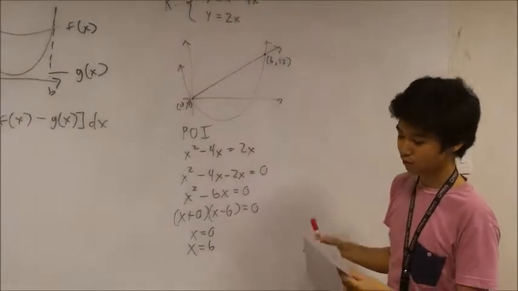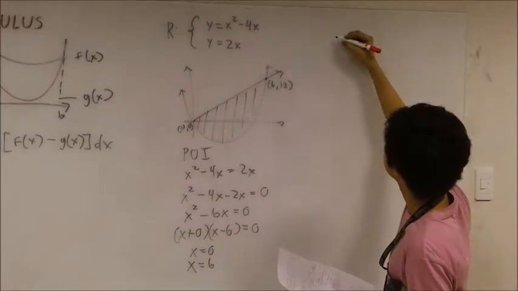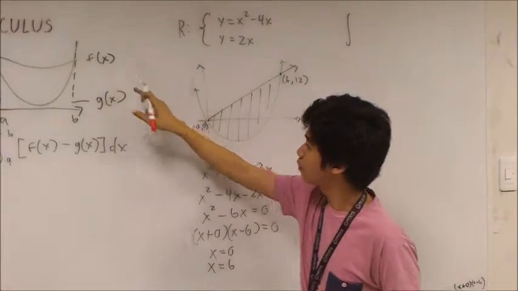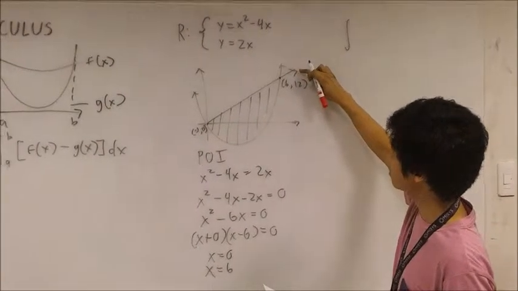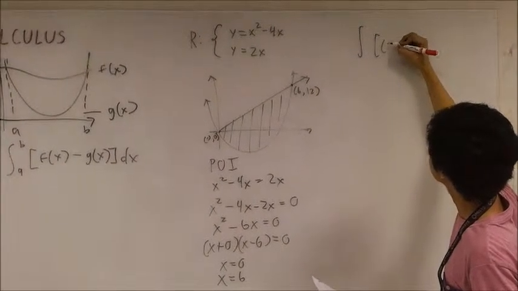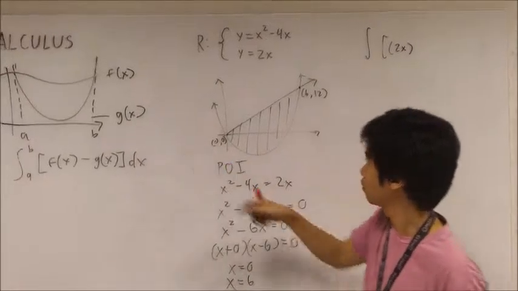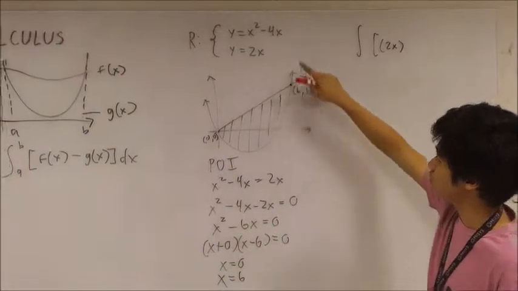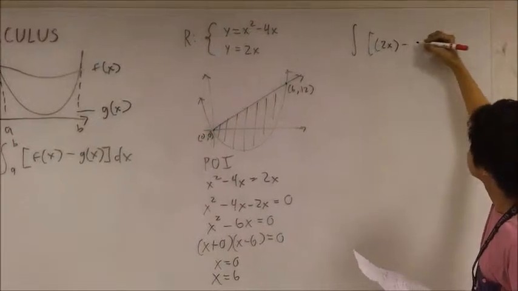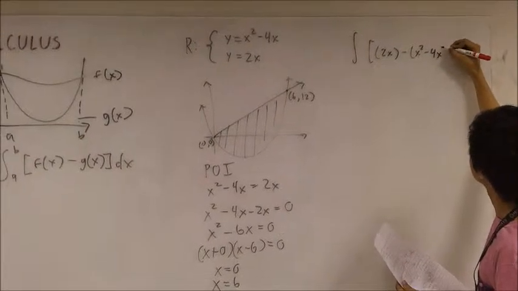So now we know the points of intersection. To look for the area bounded by two curves, we use the integral of the top curve. In this case, this is y equals 2x. So we have 2x here. And it says minus the lower curve. And in this case, we're using x squared minus 4x.